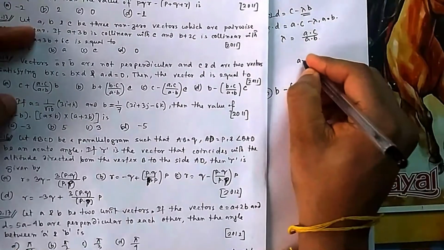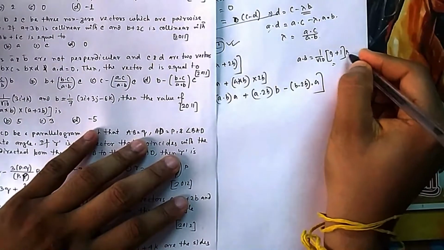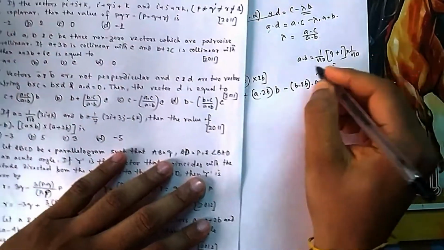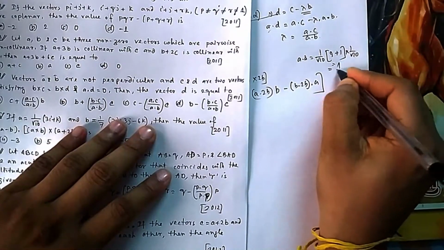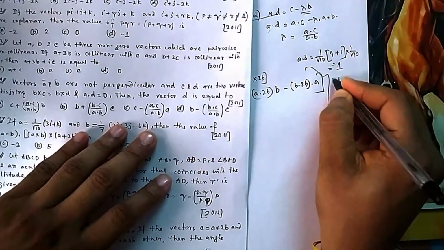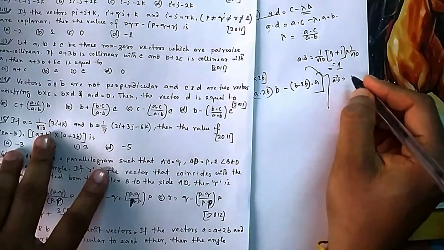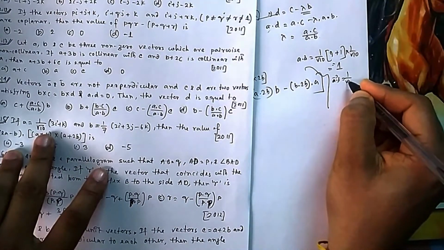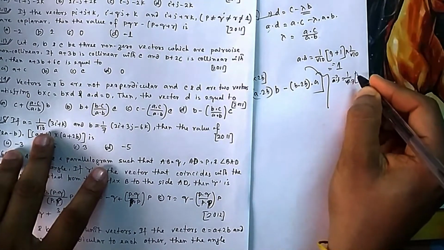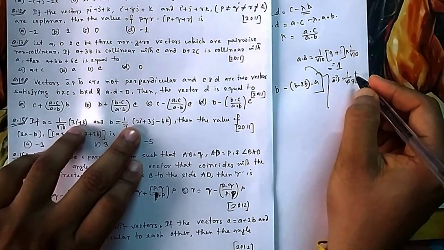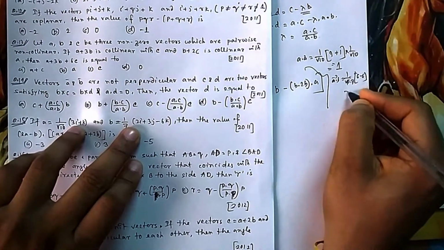Can you see what will be A dot A? Let's put these values here. A dot A will be equal to 1 by root 10 multiplied by 1 by root 10, because A's root 10 will come, so it will be 1. And what is your A dot B? Let's calculate that one also. So 1 by root 10 into 7, then here 3 2s are 6 minus 6, so 0. So A dot B is 0.